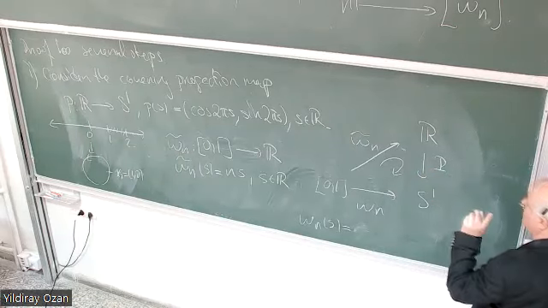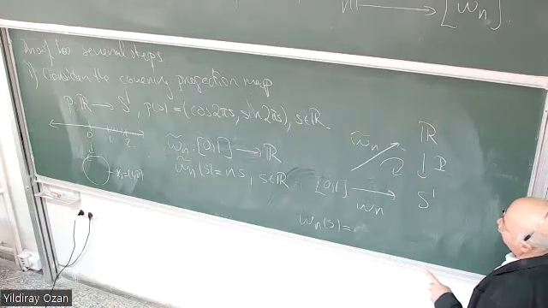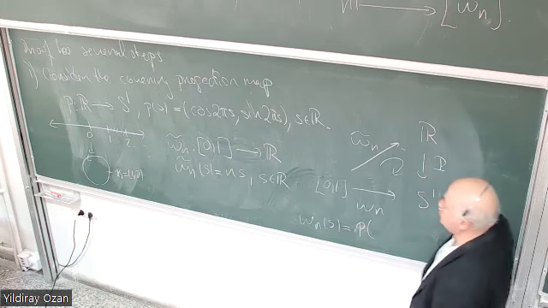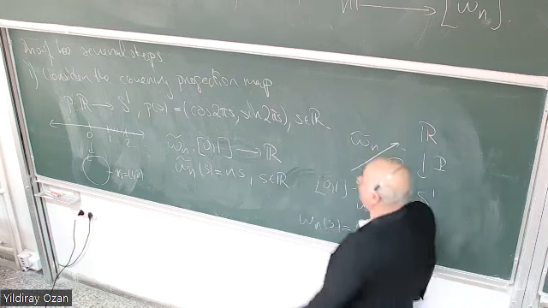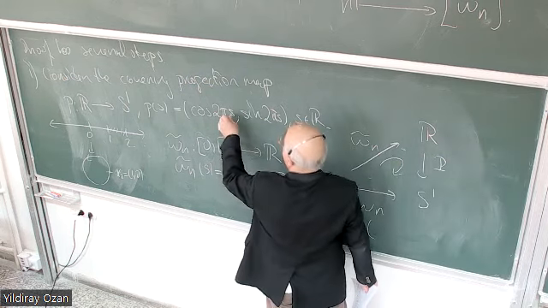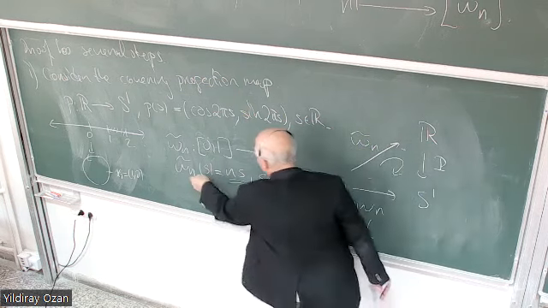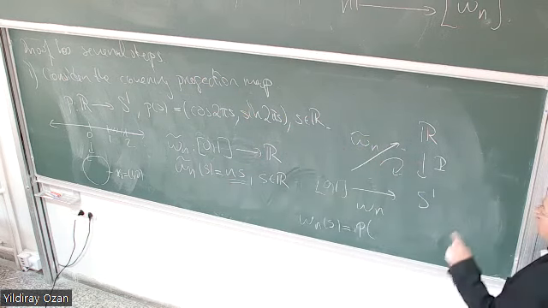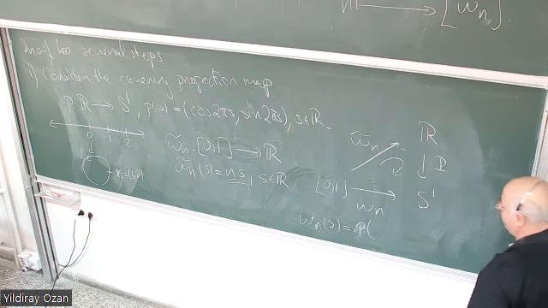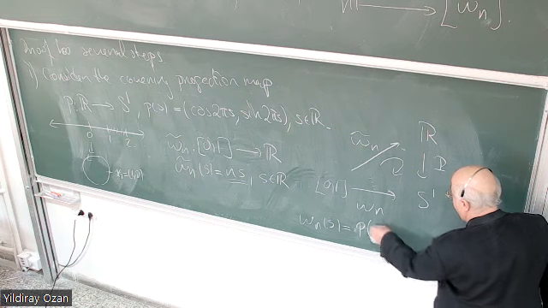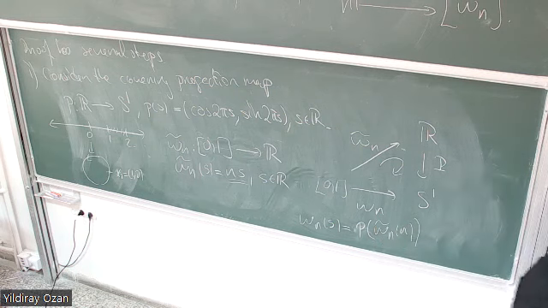This is just P of, so in this P, instead of s, I have n times s. So n times s is just Wn tilde of s. So this is just P of Wn tilde of s. So that this diagram is commutative. Okay.